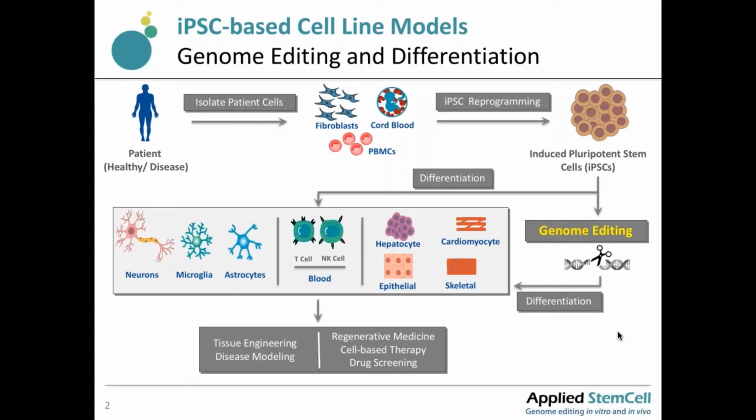And on the other hand, after gene editing, these cells can also be differentiated into all 3 germ layer cells. And these cells can then be used for many different applications, including tissue engineering, disease modeling, and more specifically for regenerative medicine for cell-based gene therapy.